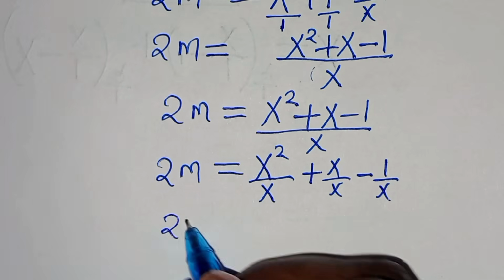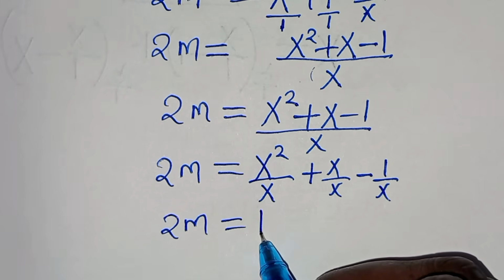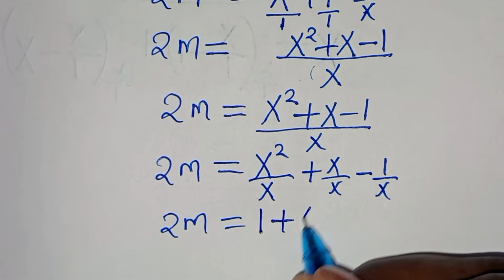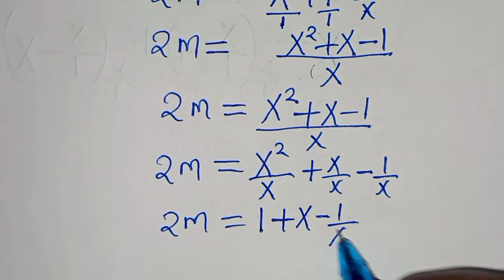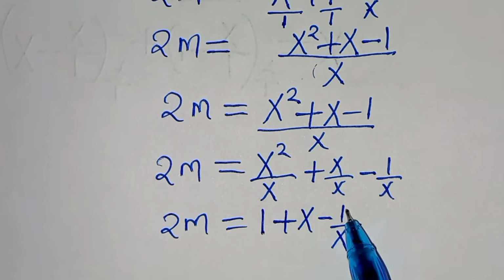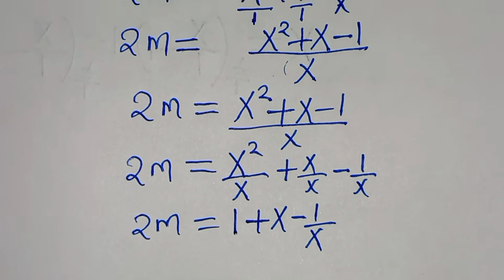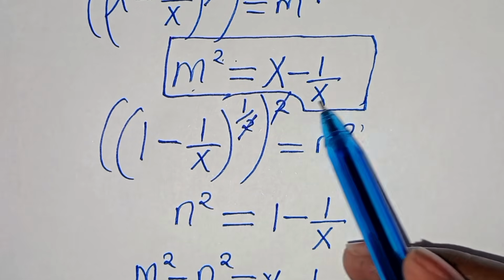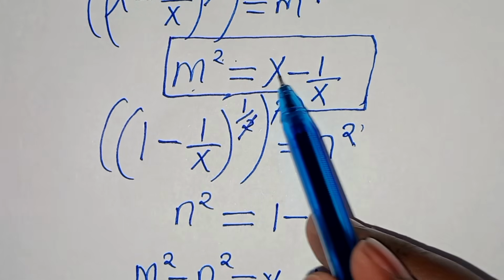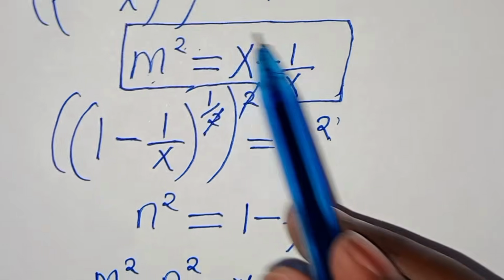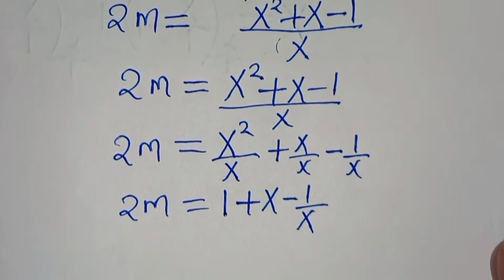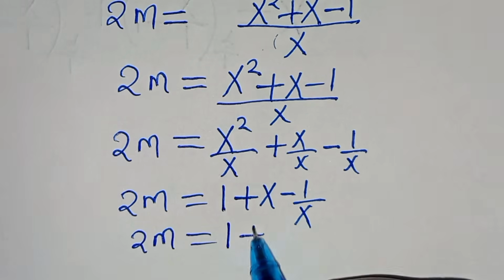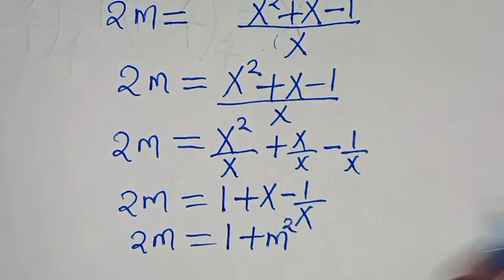So we have 2m equal to 1, plus (x - 1)/x. We have (x - 1)/x, which is the same thing as m squared. If you recall, m squared is (x - 1)/x. So let's substitute (x - 1)/x with m squared. So this is the same thing as 2m equal to 1 plus m squared.